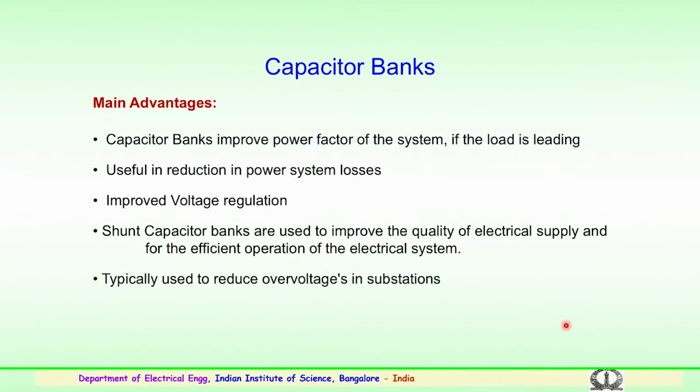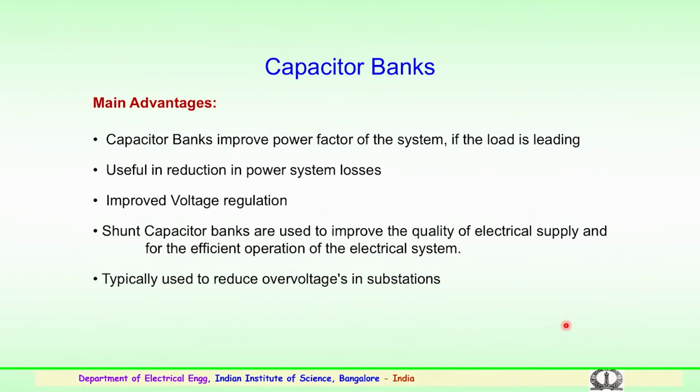Apart from this we have capacitor units, several units, capacitor banks. These are very important, essential components in any substation. The capacitor banks will improve the power factor of the system if the load is lagging.